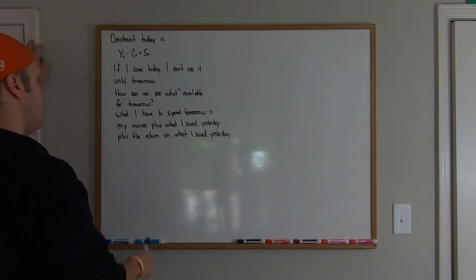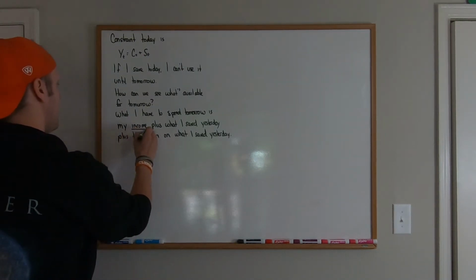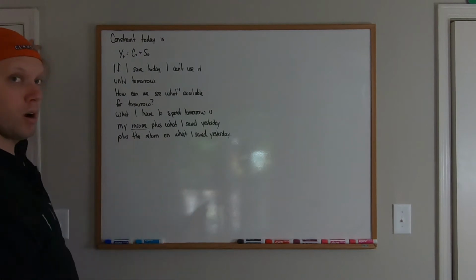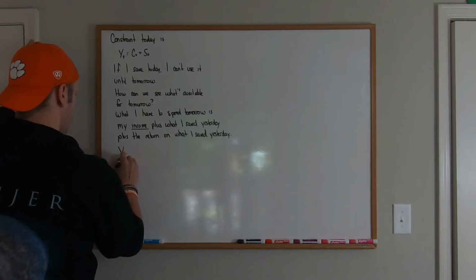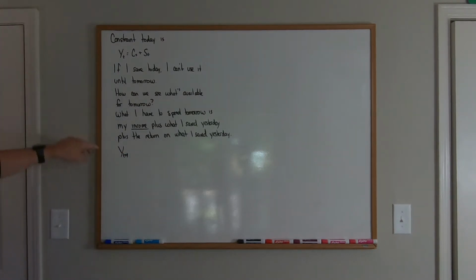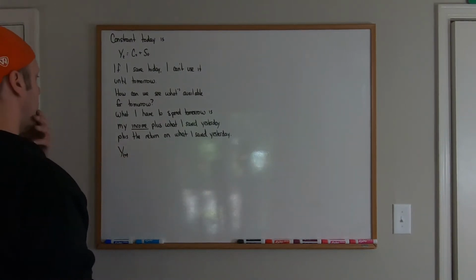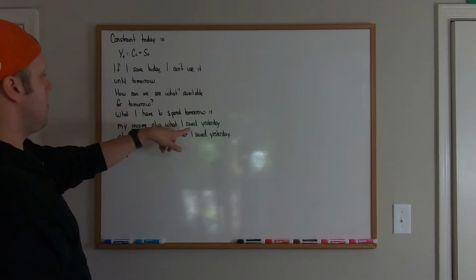How do I write that out? Well, let's look at my income. What's my income tomorrow going to be? Well, my income tomorrow is going to be y_t plus 1, right? Because income is y. Tomorrow is, well, today plus one more day. y_t plus 1, right?